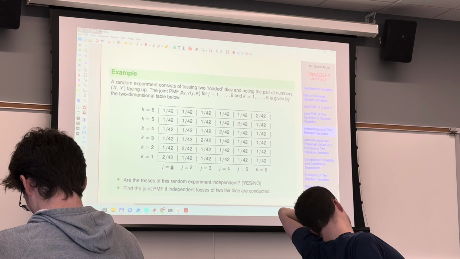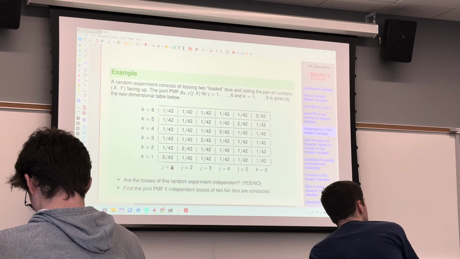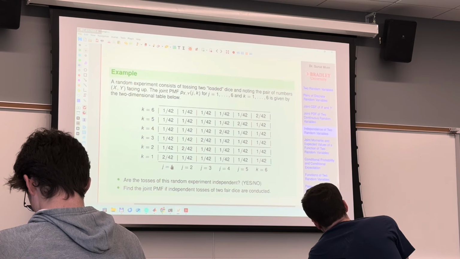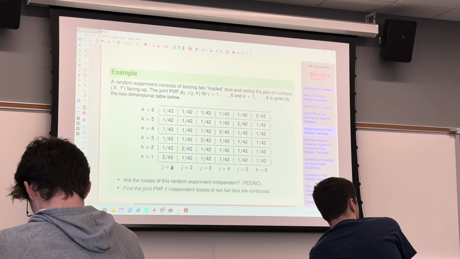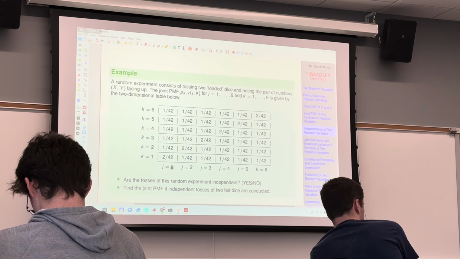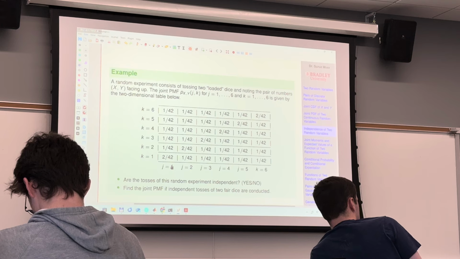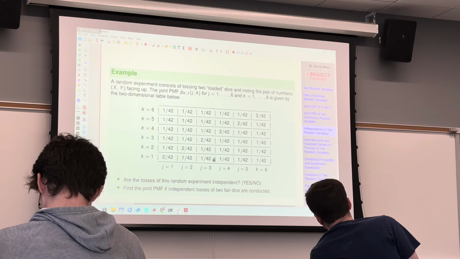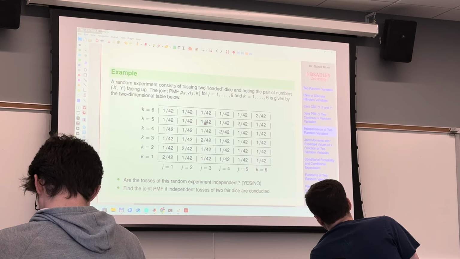If order matters, we went through the fact that we have total 42 outcomes. Two die, we have 6 sides, so total 42 outcomes instead of 36 outcomes because order matters. So that's why the joint PMF table looks like this.